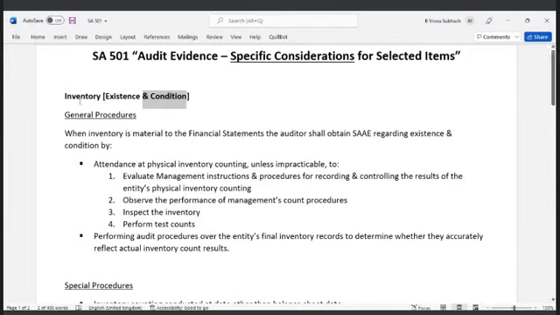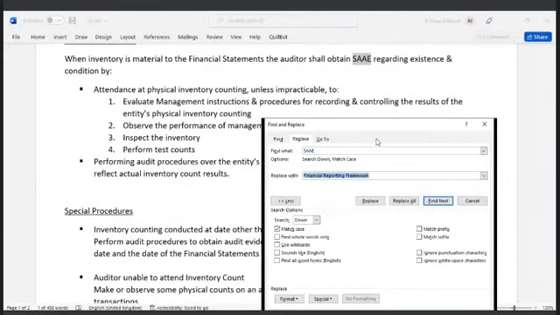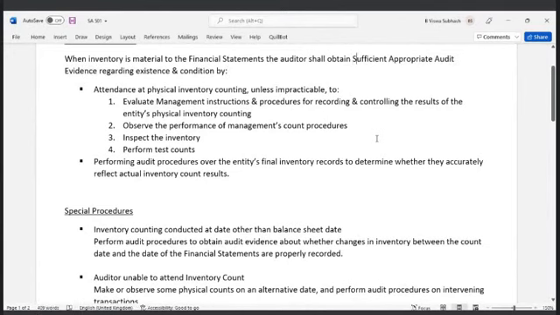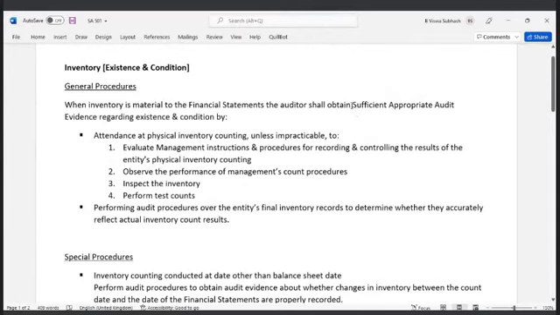Okay. So some general procedures that they are prescribing is: when inventory is material to the financial statements, the auditor shall obtain sufficient appropriate audit evidence.